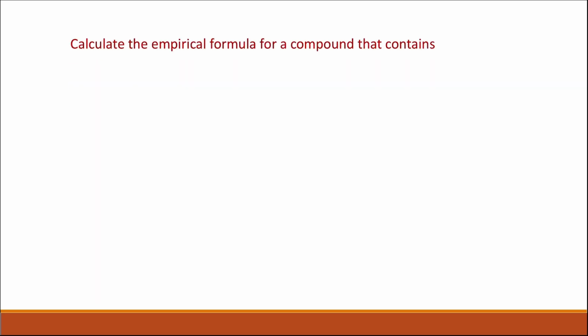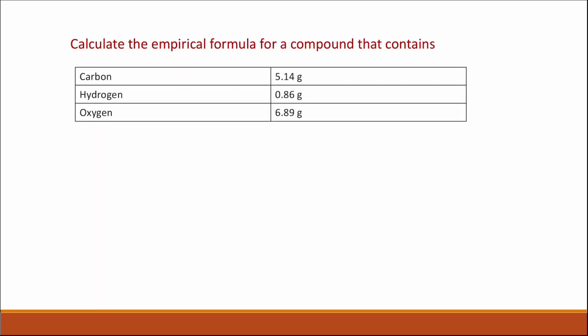Calculate the empirical formula of a compound that contains 5.14 grams of carbon, 0.86 grams of hydrogen, and 6.89 grams of oxygen. The first thing we need to do is to find the moles of each element by dividing the masses by the atomic mass.